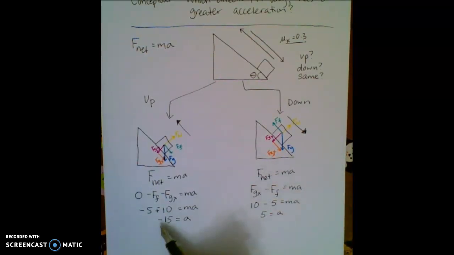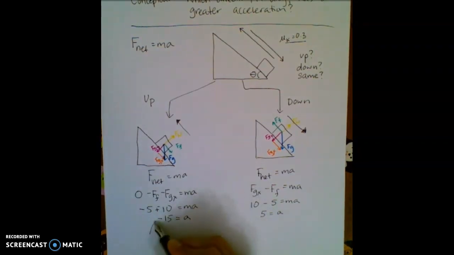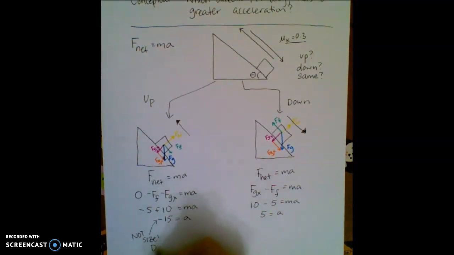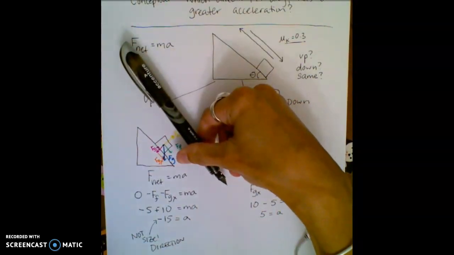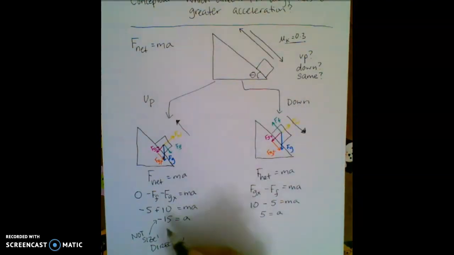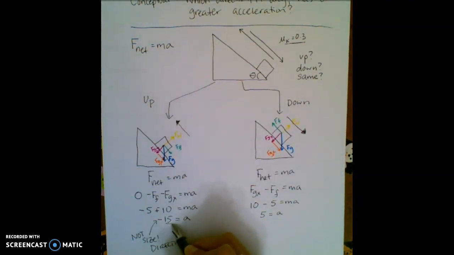Now, does negative mean small? When I'm dealing with forces and vectors, negative does not indicate size. It is not size. It's direction. It's saying that the acceleration is pointed down the incline and that it has a magnitude of 15.